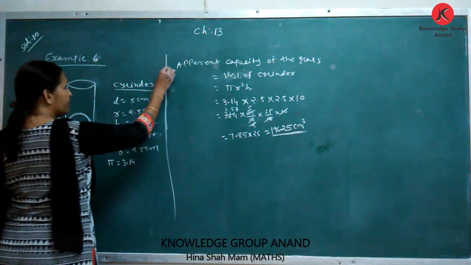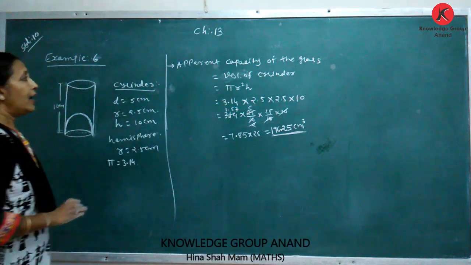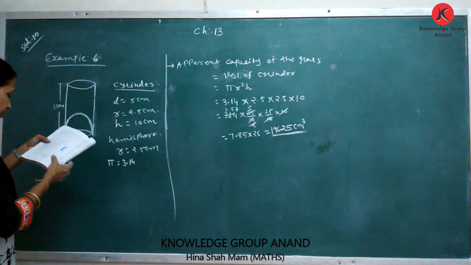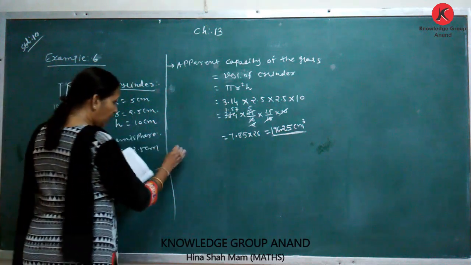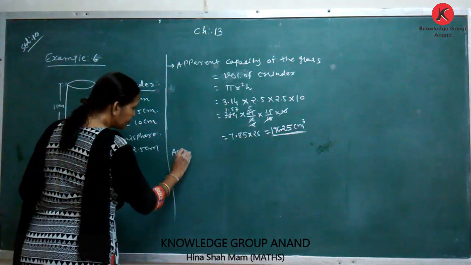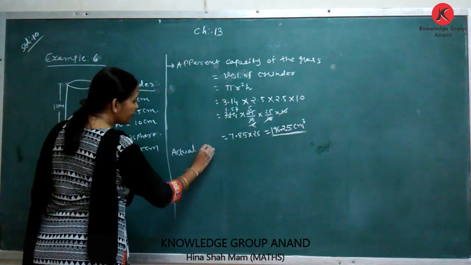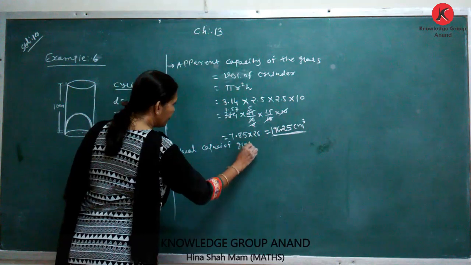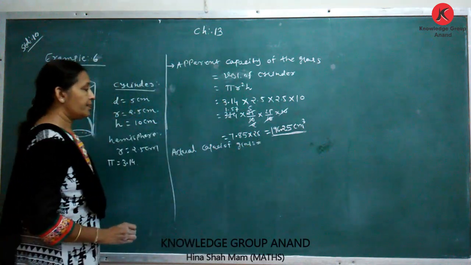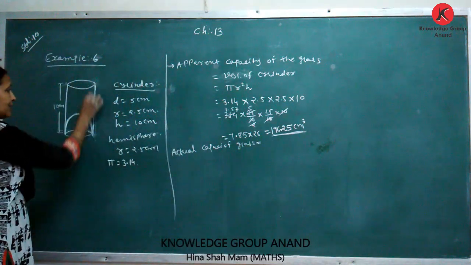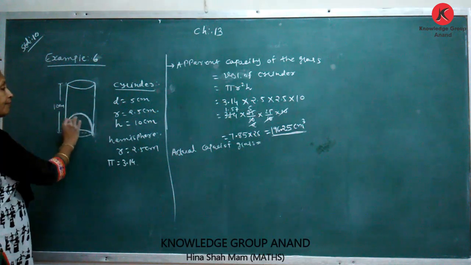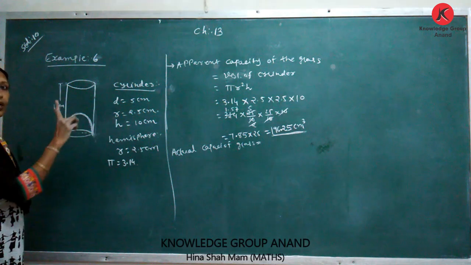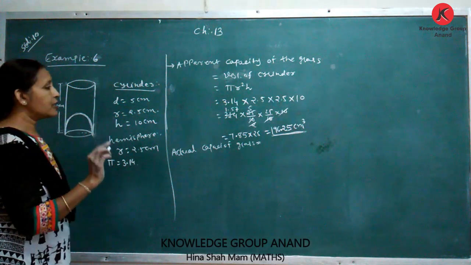Now we find the actual capacity of the glass. Actual capacity of the glass is equal to capacity of cylinder minus capacity of hemisphere.